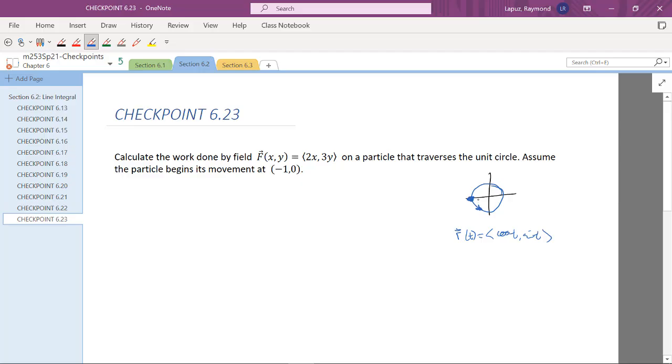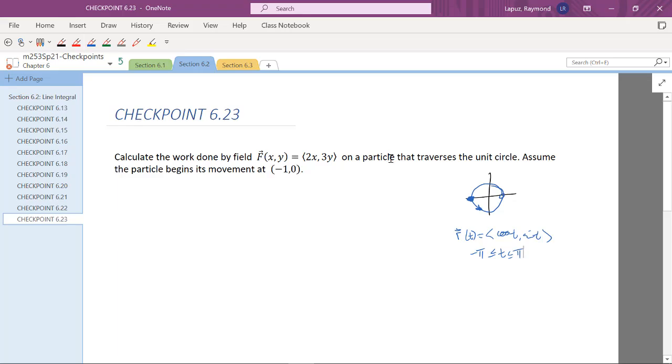And since we're not starting at our standard starting position, we're starting here, let's make our t go from -pi to +pi. That should traverse the unit circle.